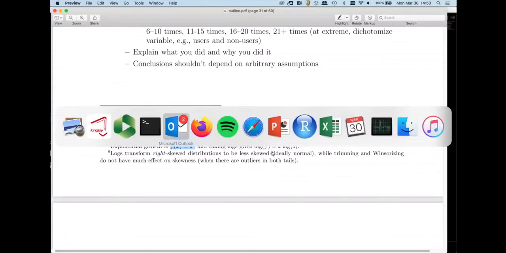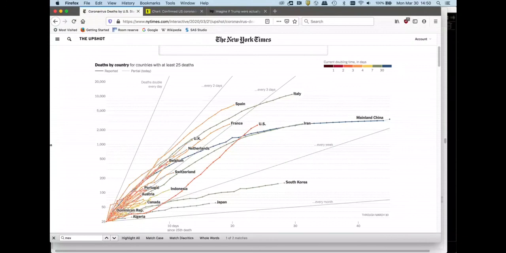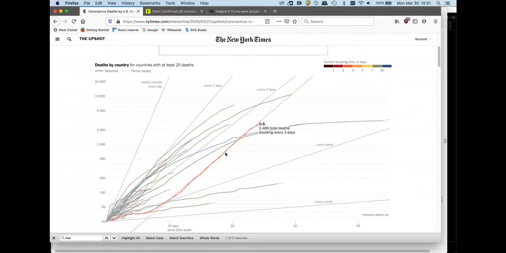So right now, we're in the middle of the coronavirus, and this is a very famous graph that's making its way around a lot of different newspapers right now. And this is on a log scale. The reason for this is the way viruses spread is geometrically or exponentially. And so a line on this plot means that you're getting this exponential growth.